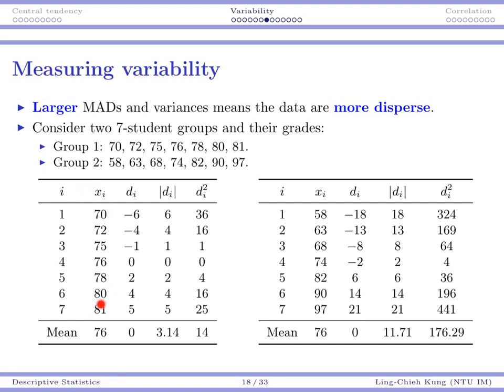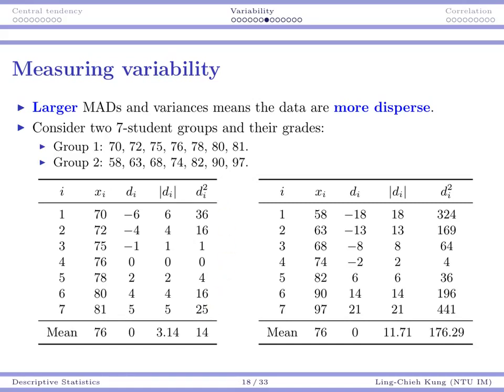Here is the first set of grades, and the mean is 76. For the second group, the mean is also 76. So if we use mean as the measurement of central tendency, these two sets are the same. And then if we calculate deviations, here they are. MAD can be calculated in the fourth column, and the variance is in the last column.